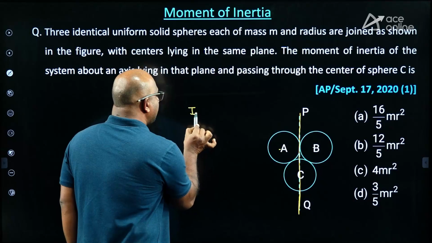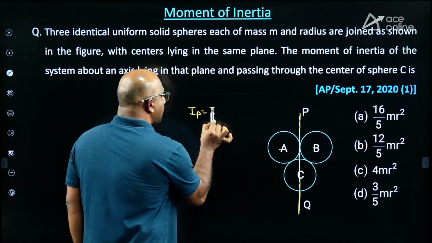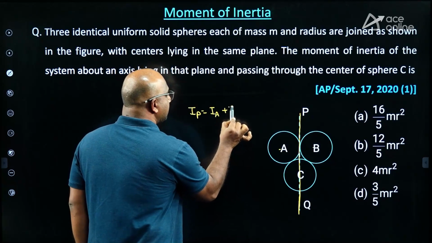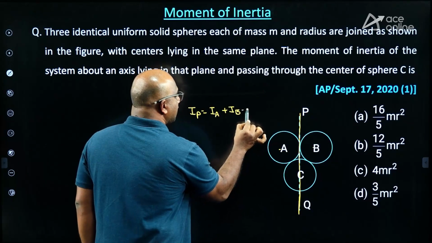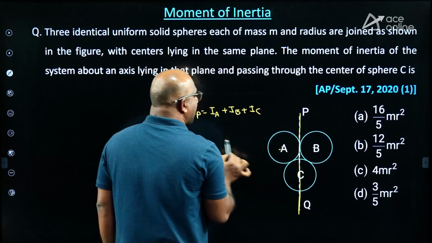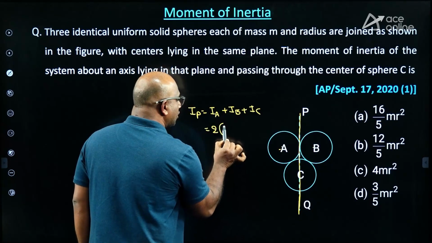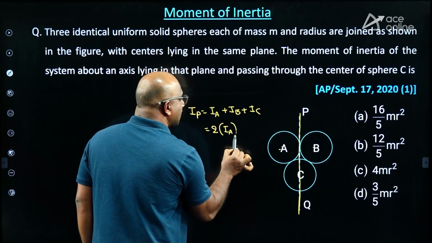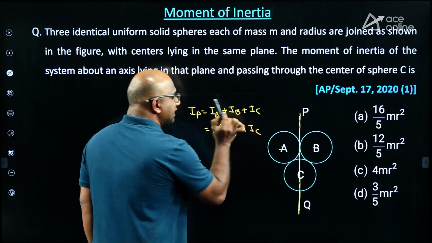Please listen carefully. Inertia about P equals the inertia of the A sphere plus the B sphere plus the C sphere. If you observe, A and B will be similar. If I know one, I can find 2 into the inertia of the A sphere plus the inertia of the C sphere.